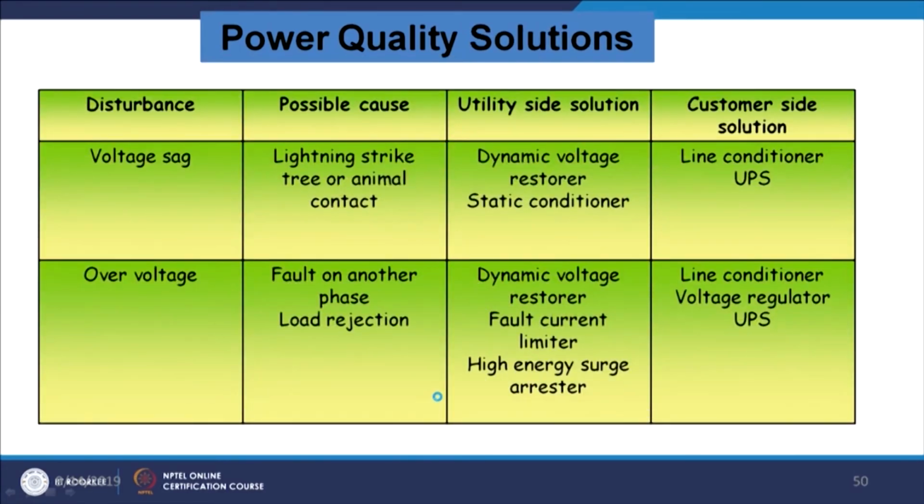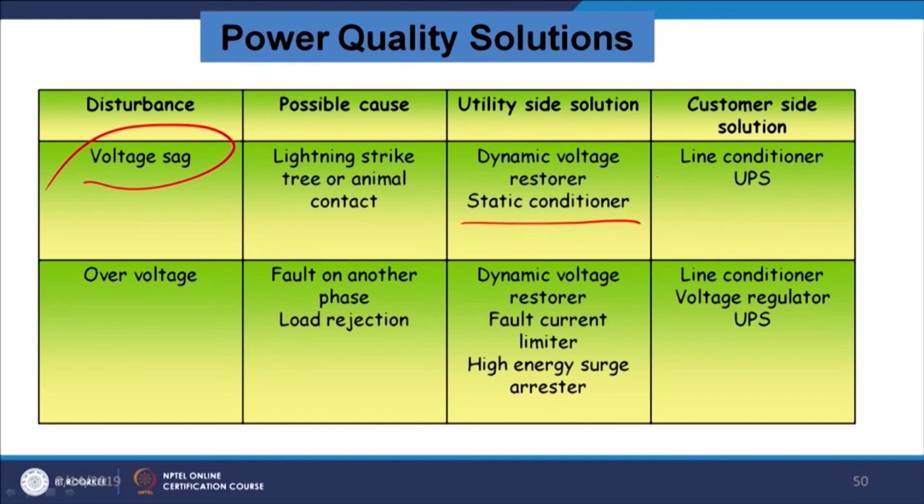Now, the solutions, which we have discussed, let us see in tabular form. If the disturbance is a voltage sag, the possible cause is lightning strikes or tree or animal contact, and the utility side solution is a dynamic voltage restorer or a static voltage condenser.